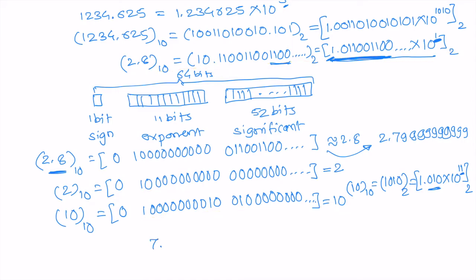So we get 7.9999999999, and that is because the number 2.8 we are not able to represent precisely. This result, when it is casted to int, what we get is 7, and therefore the outcome of the program is 7.